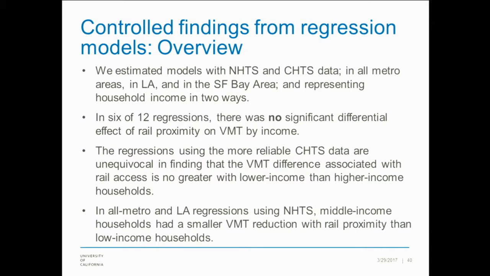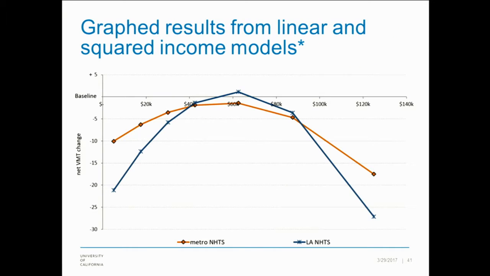All right, so what I want to do is just in the course of the next couple of slides show you the representation of this a little bit. And I'm going to go over these quickly because I know I'm taking a lot of time. So the next slide says graphed results from linear and squared income models.